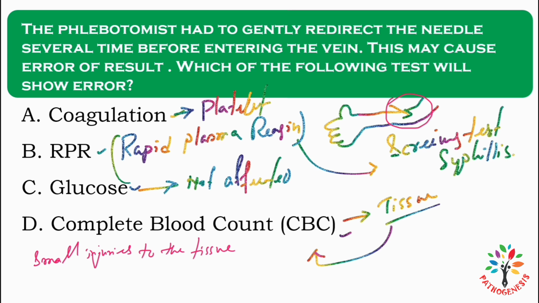These small injuries will attract the platelets and the platelets will start forming a platelet plug. So some of the platelets will form a plug. As a result, the platelets in the blood will be slightly lower than the actual platelet count. So there might be some error in the coagulation profile, especially the platelet count.